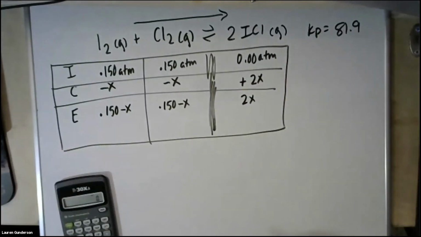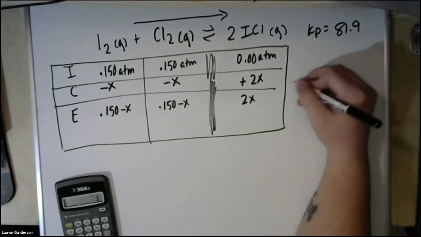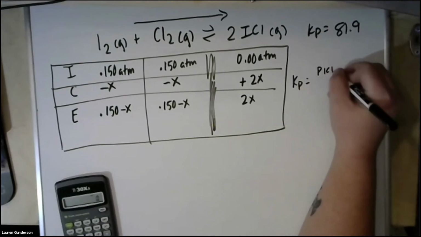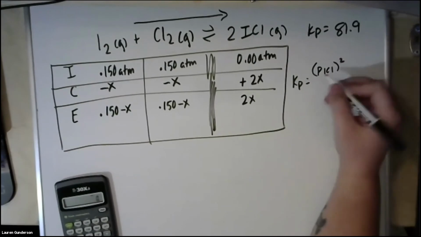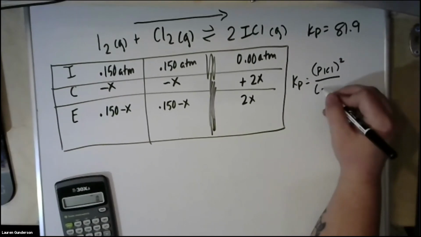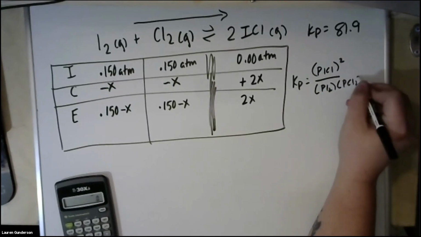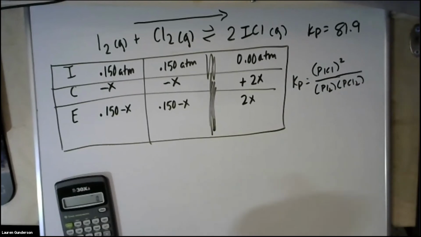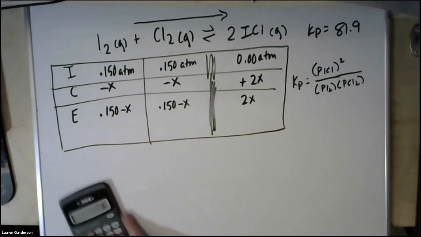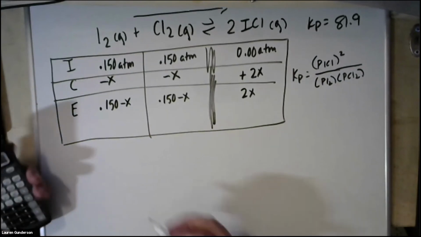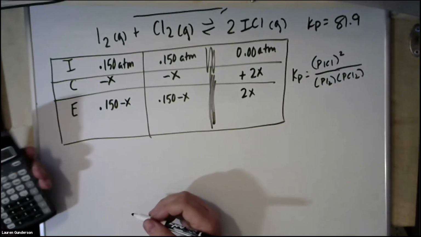Okay. So again, our K expression here, Kp, is going to be the pressure of the ICl squared over the pressure of I2 times the pressure of Cl2, which is the same again. So that's going to work out nicely for us in terms of being able to square root it to solve. It's always nice when we don't have to use the quadratic.